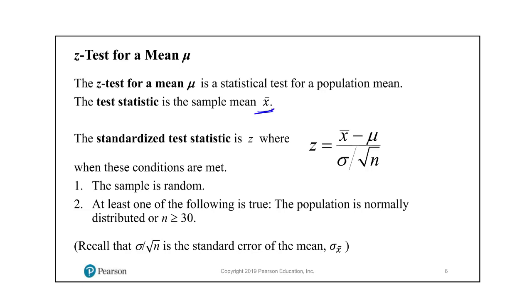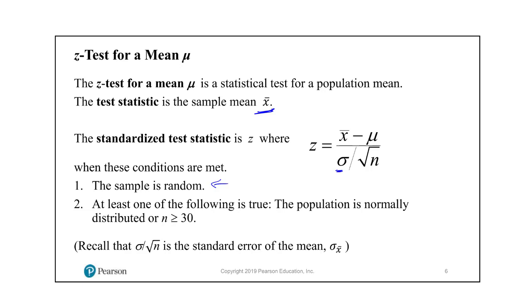So in order to get the z value, we would do our standard transition to z from x bar when we know sigma. All right, so this was the same z-score calculation we were doing when we were doing sampling distributions. So what do we need for this? We need the sample to be random, and we need at least one of the following. This is the same as before.